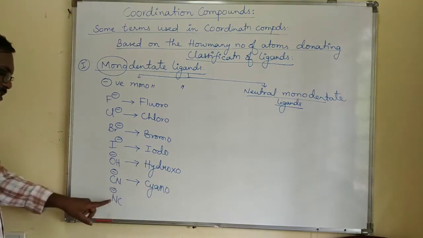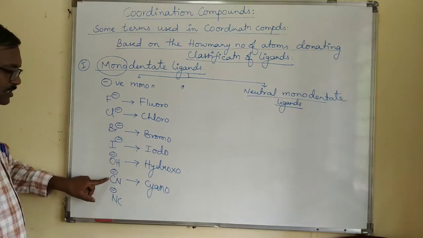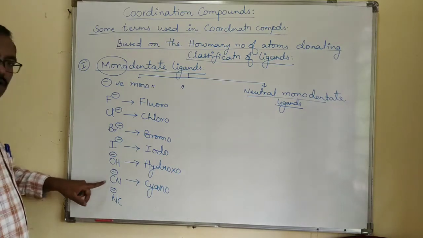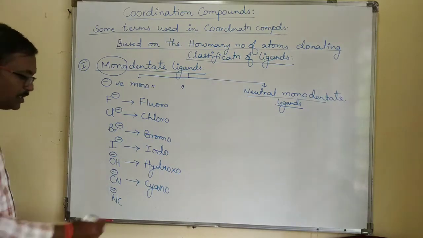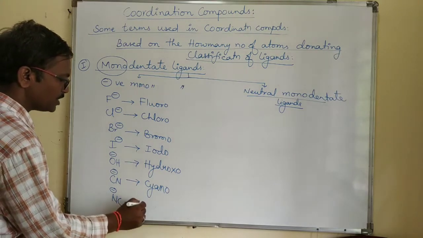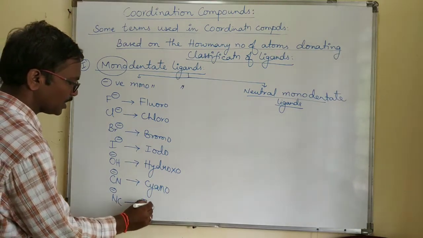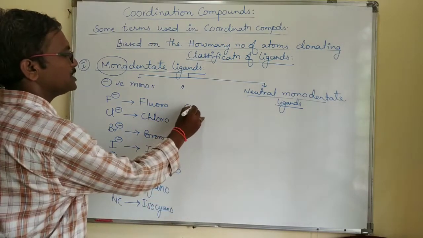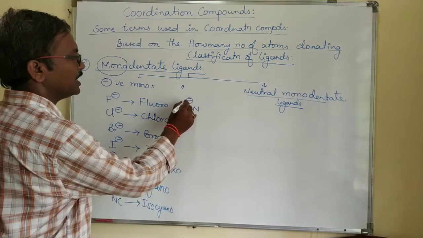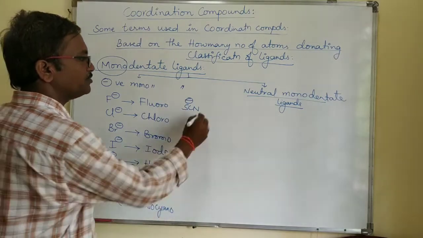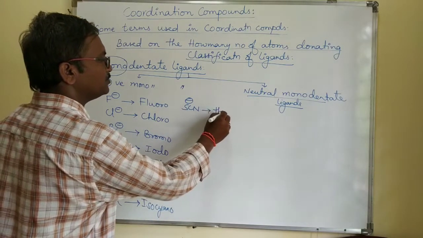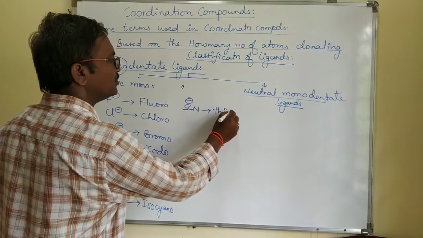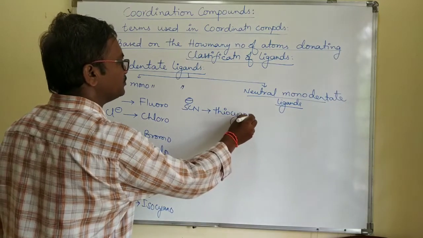For NC minus, the negative charge is on the nitrogen: here the negative charge is on the carbon, and here it is on the nitrogen. Isocyano. SCN minus, the negative charge is on the sulfur, thiocyano.